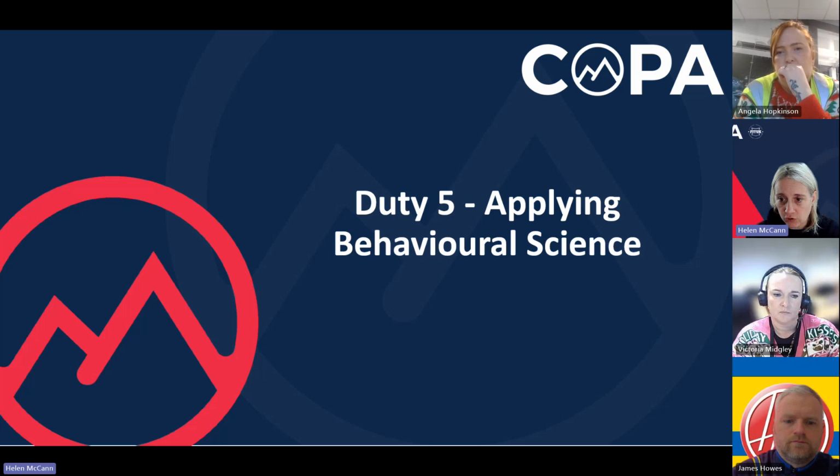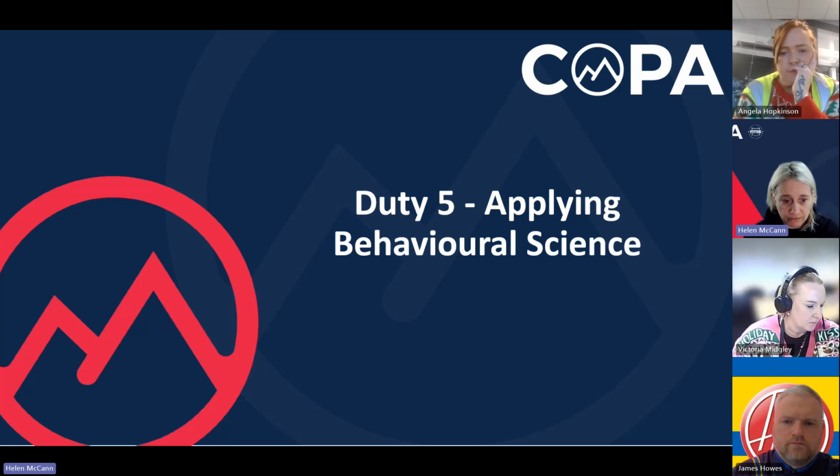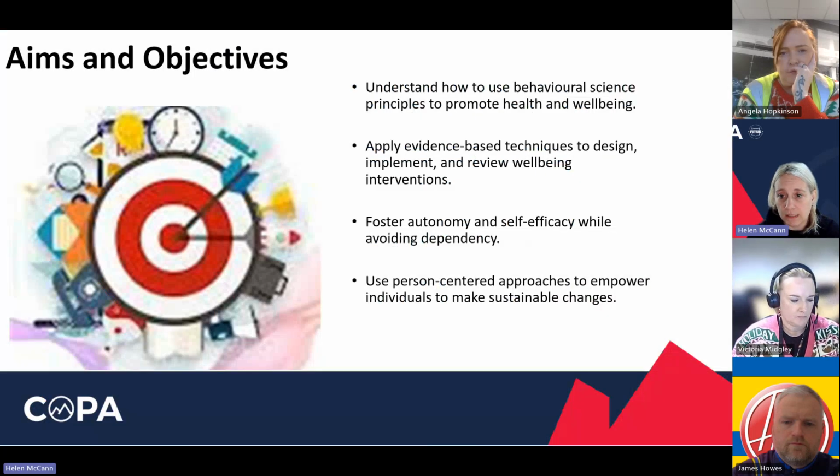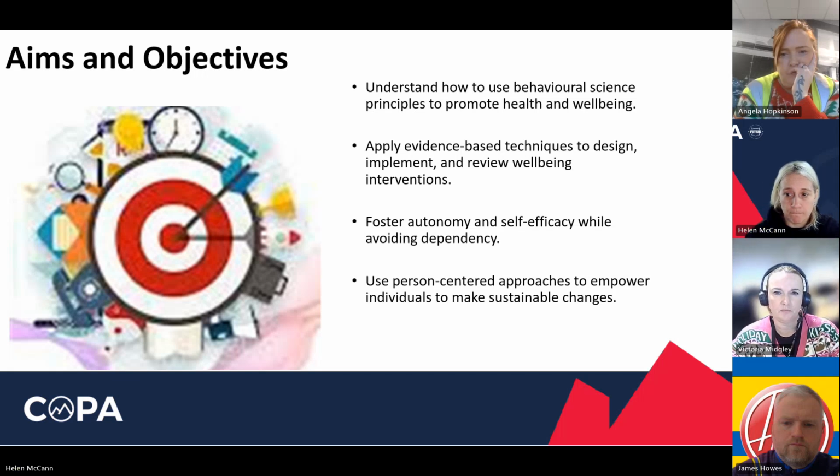So we'll ensure that you are prepared to support individuals in meaningful and impactful ways, and understanding these objectives will help you navigate the tasks and requirements for the duty 5 task. The aims and objectives are to demonstrate your understanding of behavioural science, apply these concepts to design, implement and evaluate wellbeing interventions, and showcase your ability to foster autonomy and empower individuals.